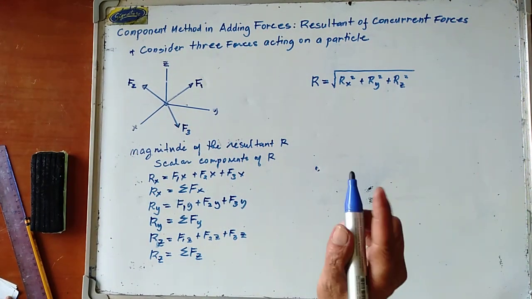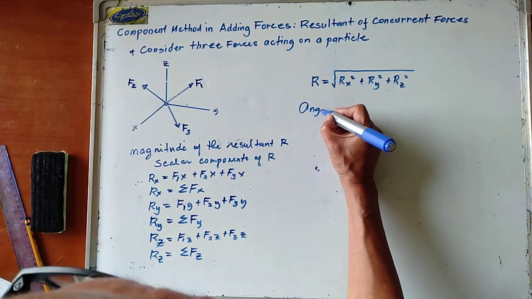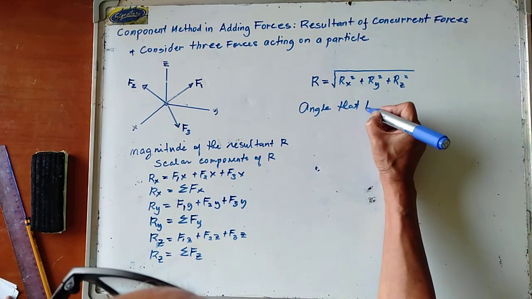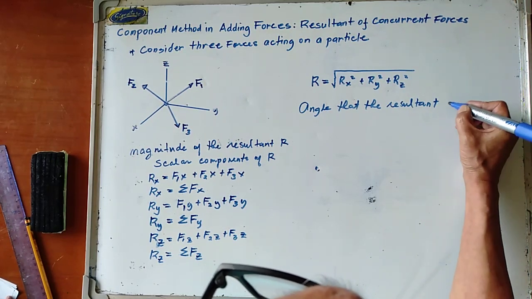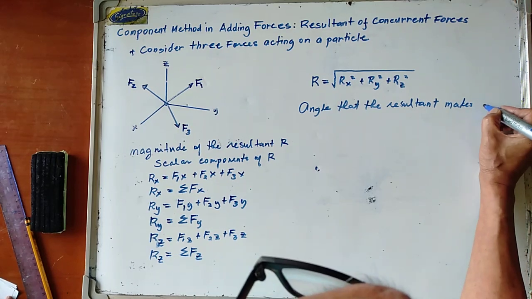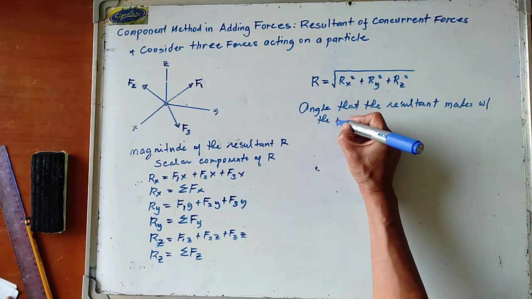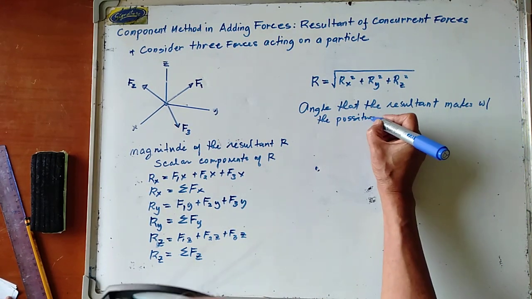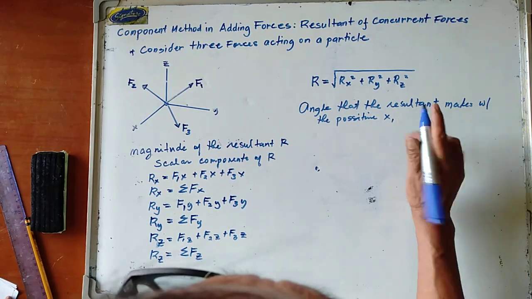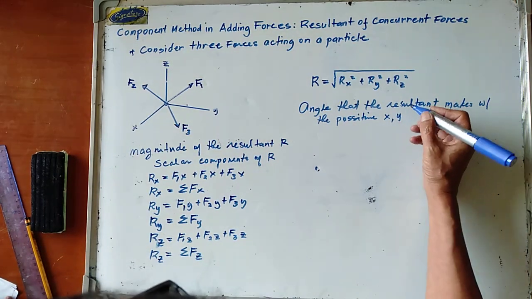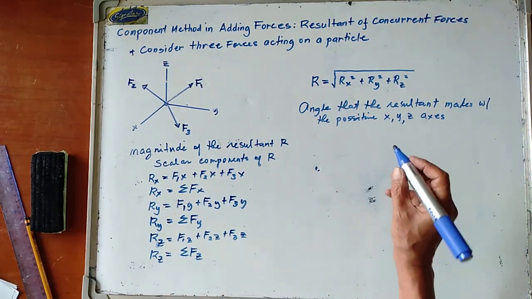Let us now determine the angles that the resultant makes with the positive x, y, and z axes.